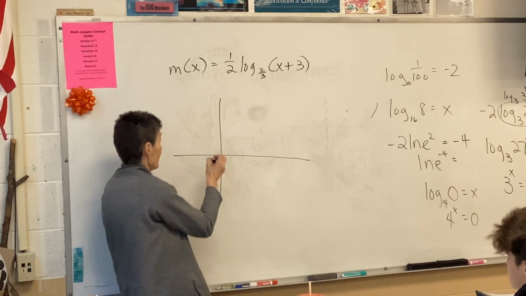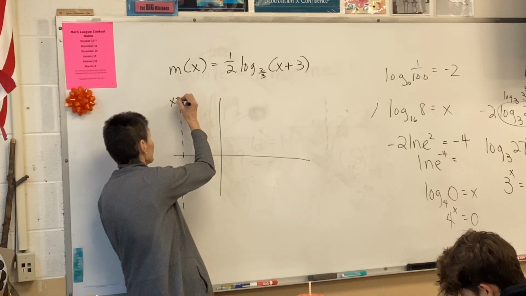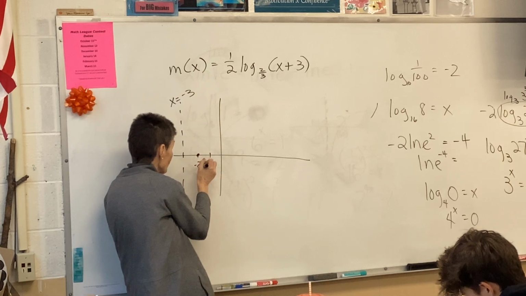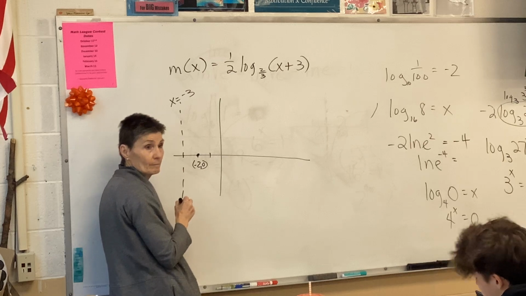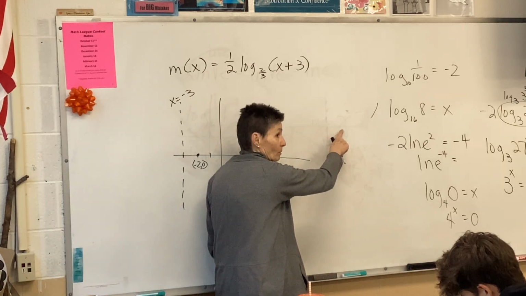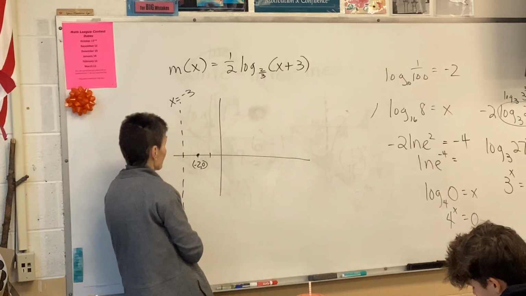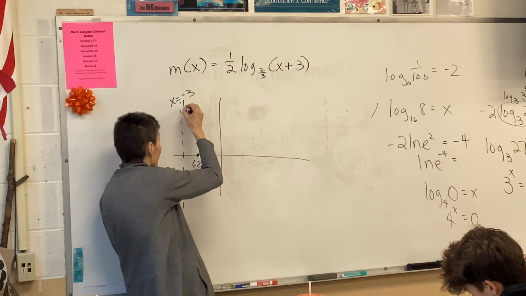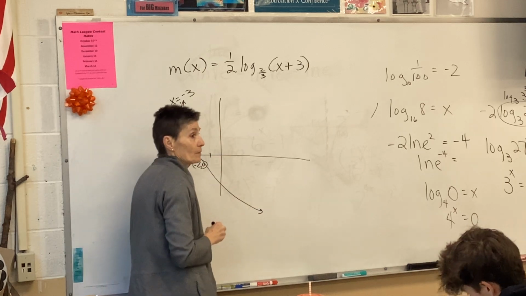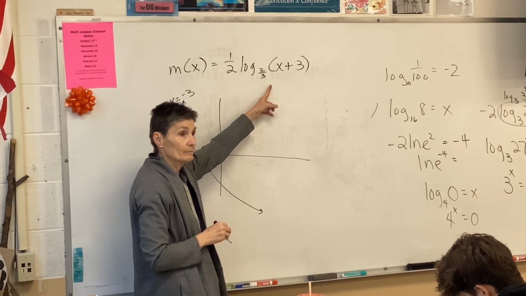Asymptote is going to be at x equals -3, which means that my intercept is going to be at -2. I just erased it, but remember the normal intercept is just 1 to the right. And then I know that it has this general shape because the base is less than 1.